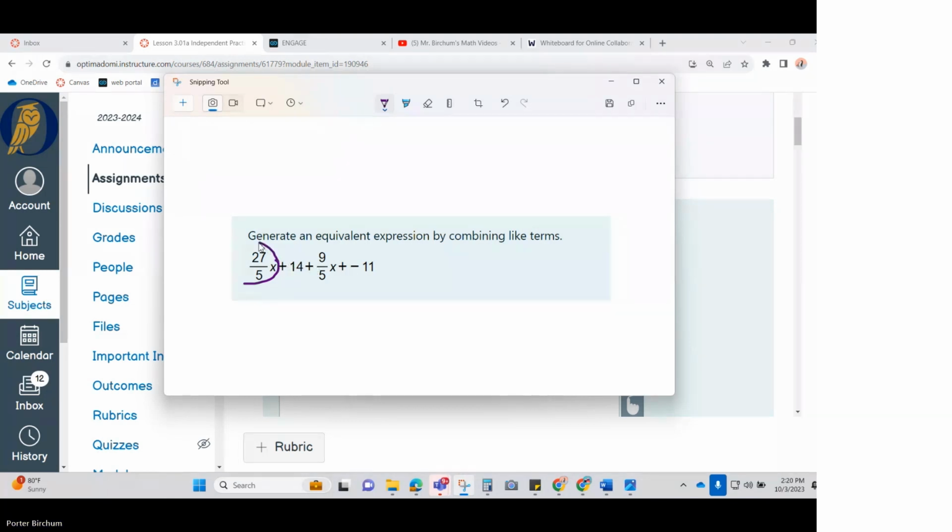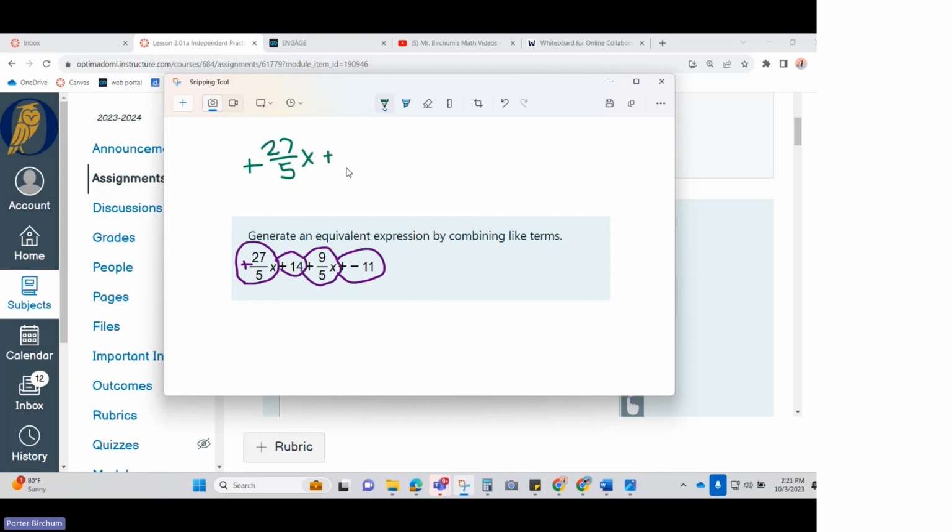So I'm going to grab every number and the operation sign in front of it. This number is a positive, so it has a plus in front of it. 14 plus 9/5 x plus -11. And I'm going to move them around in an order that is easiest for me. So I have a plus 27/5 x.